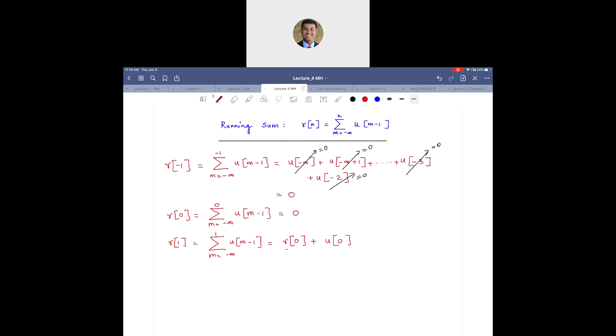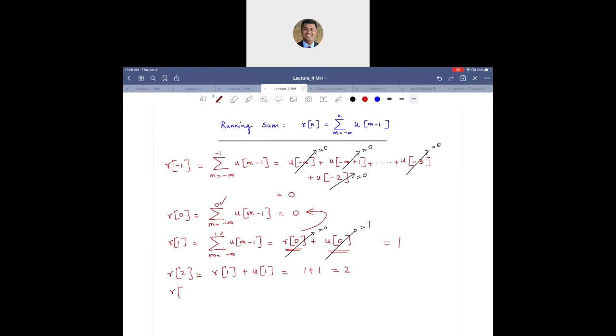So we are writing this as that plus a new term, because all we did was increment the upper limit by 1. And now this was 0, and then this equals 1. So we can say this equals 1. Similarly, if you did that for the rest, you get r of 1 plus u of 1, which is going to be 1 plus 1, 2.